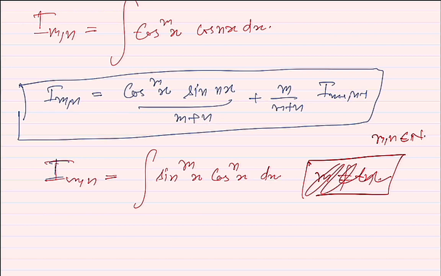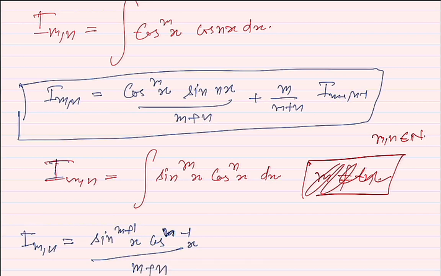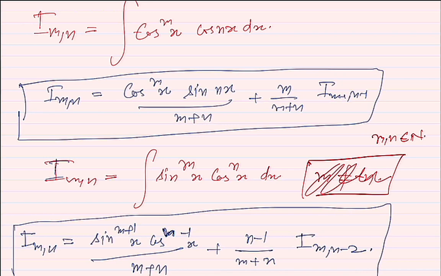Then this is going to be the biggest: Imn is equal to, remember this, sin raised to power m plus 1 x cos n minus 1 x upon m plus n, plus n minus 1 upon m plus n Im n minus 2. This is what you get.